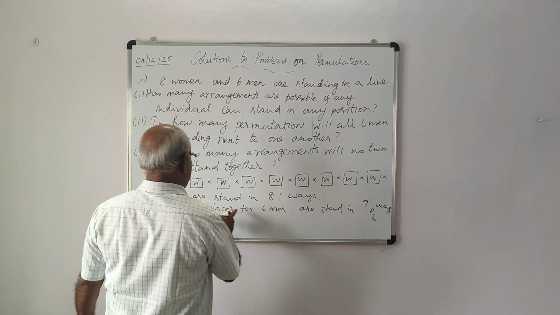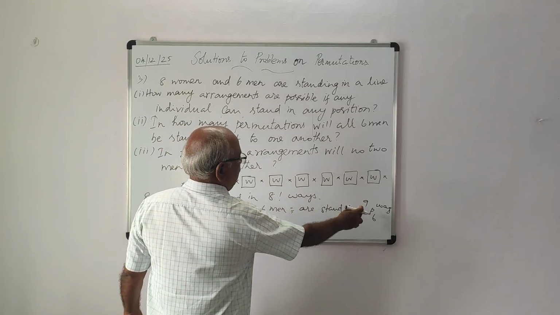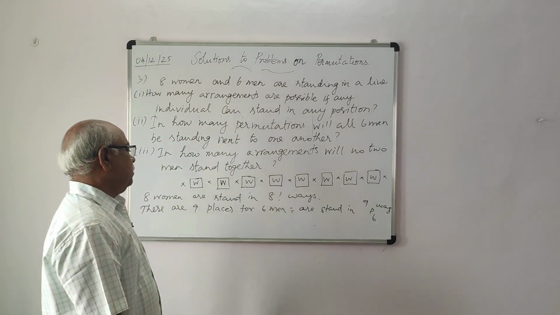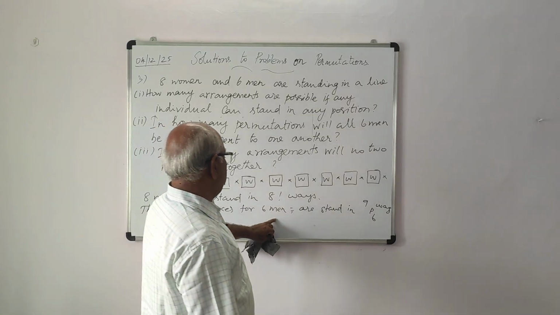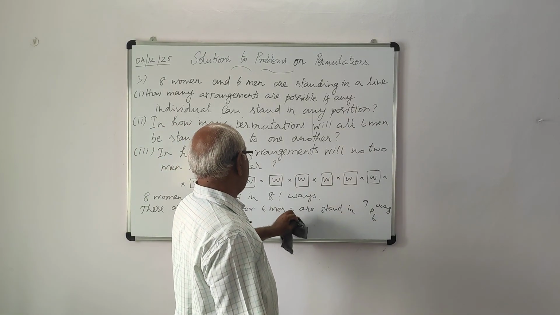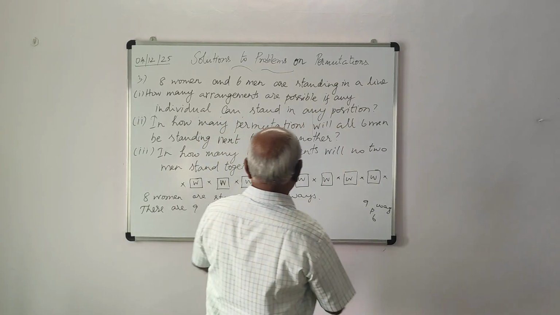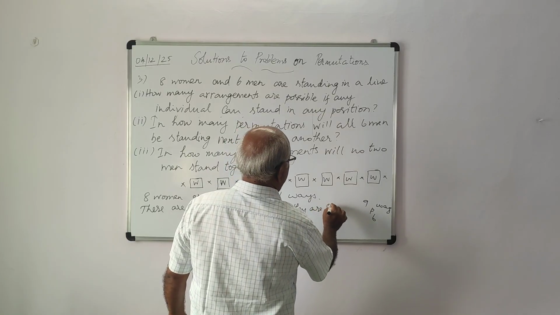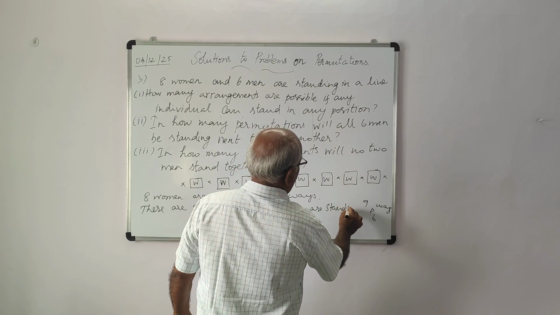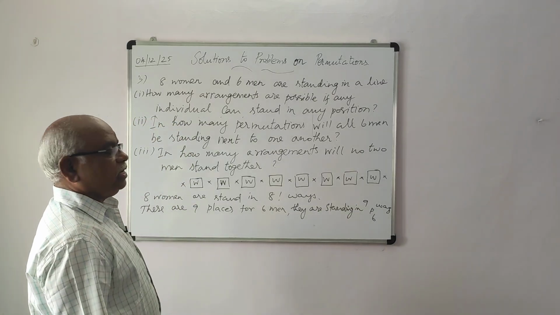So 6 men should stand in 9 places in 9p6 ways. Therefore, they are standing in 9p6 ways.